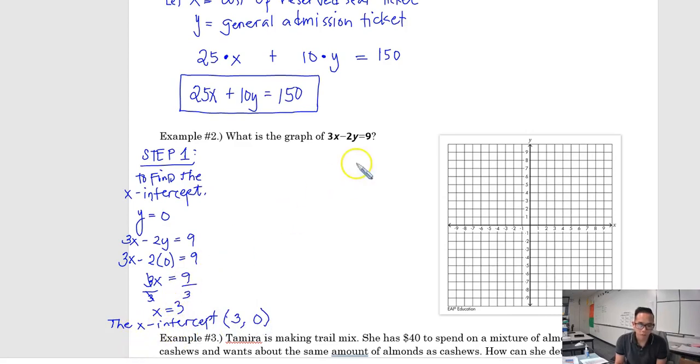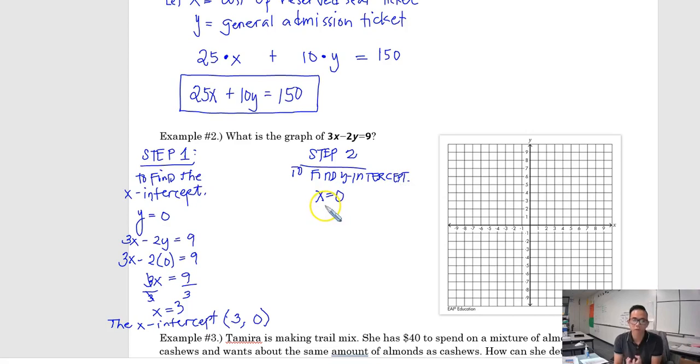All right. Now, step 2: we have to find your y-intercept. To find the y-intercept, we let x be 0.